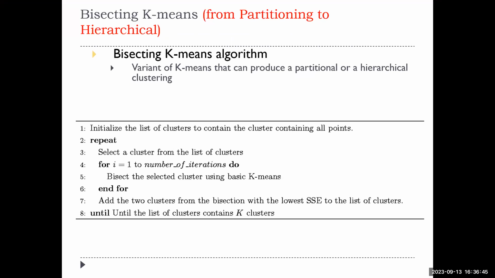There is something called bisecting k-means. In the past, I asked questions about this in the assignments, in the exams, in the comprehensive exam. Okay, so you may get questions like that. It is very simple. It's not complex, but you need to know what k-means is.